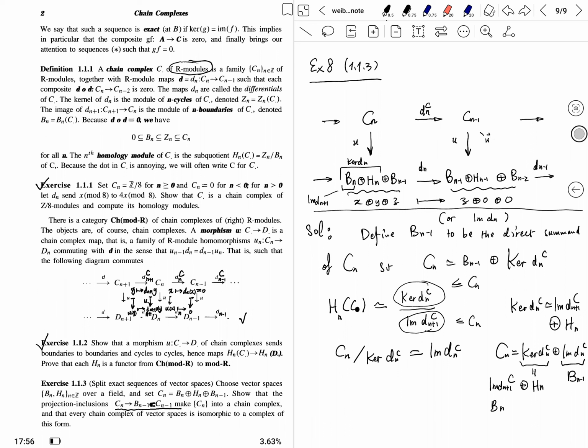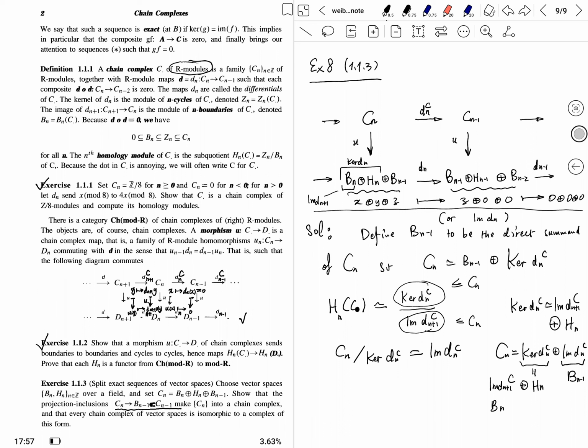It's easy to check this is a complex, simply because you compute the composition twice and it gives you 0. And now let's check this commuting diagram.